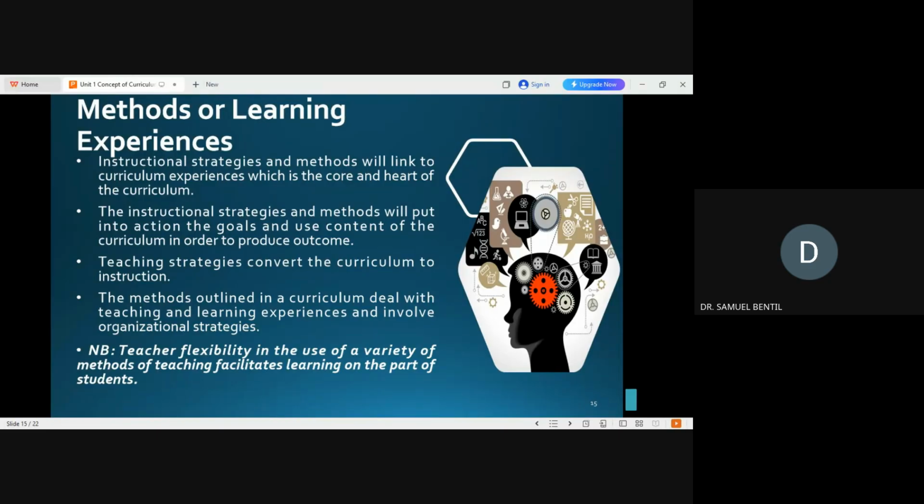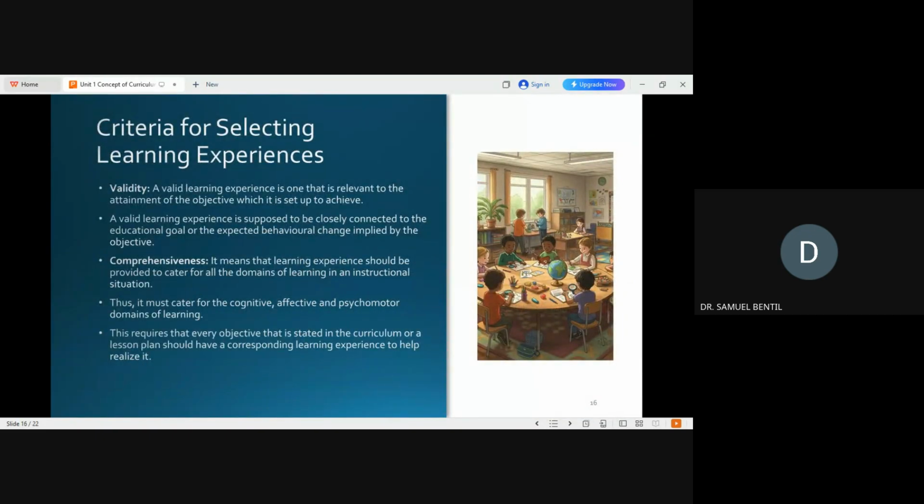Because these methods or teaching strategies or techniques or learning experiences convert the curriculum into instruction. Now, the question is, how do you then select these learning experiences? Take note here that some of the criteria we talked about in selection of the content are also here. For example, the validity principle is also here.